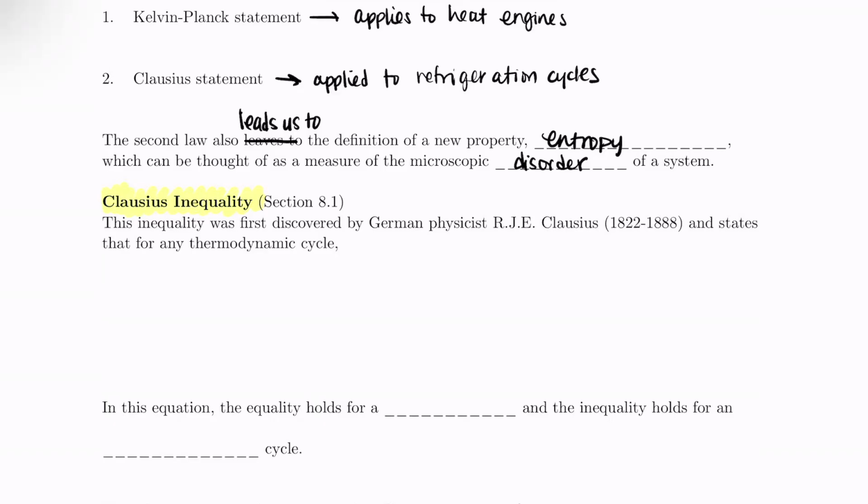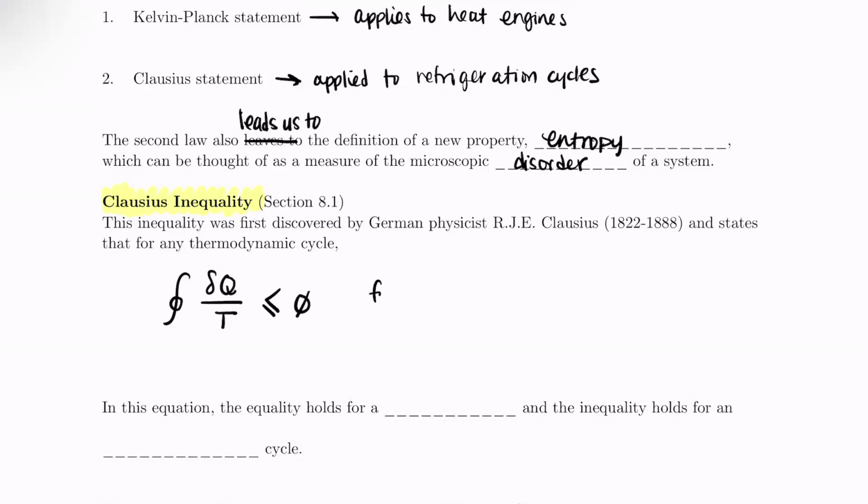So this inequality was first discovered by a German physicist named Clausius, who lived in the 1800s. And it states that for any thermodynamic cycle, the integral over that cycle, so I'm going to write this as a path integral, of the differential change in heat transfer Q over T is less than or equal to 0.